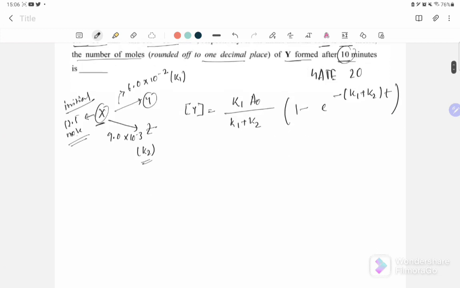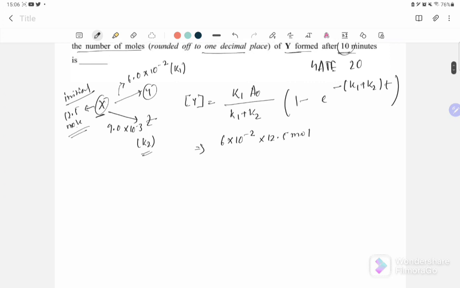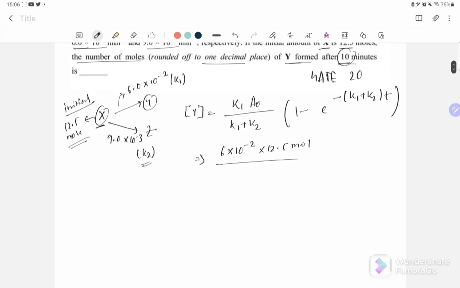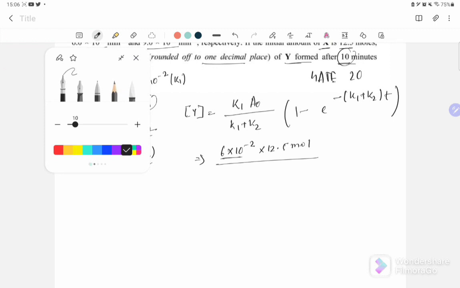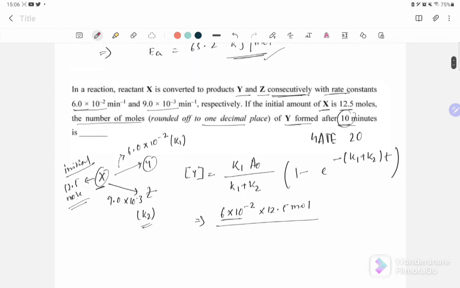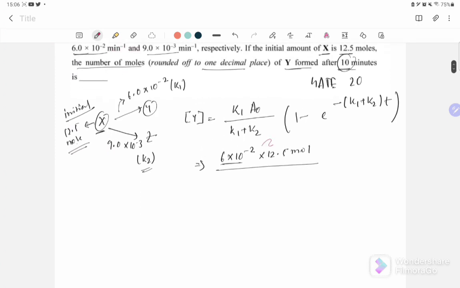K1 here is 6 into 10 to the power minus 2, and A0 is 12.5 mole. The unit of this one is minute inverse.